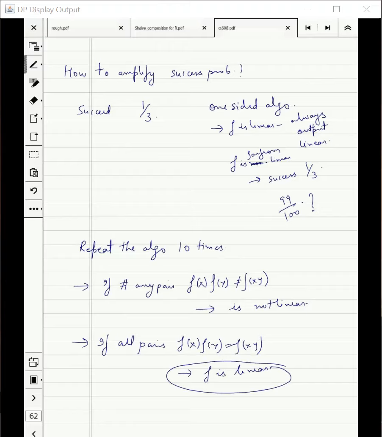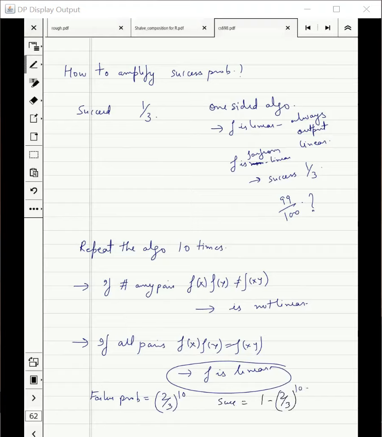This is a simple math question for 12th class or something. 2/3 to the power 10. One pair failure probability was 2/3, but now for all the 10 pairs my algorithm should fail. That will happen with probability (2/3)^10. So then my success probability is 1 minus (2/3)^10.